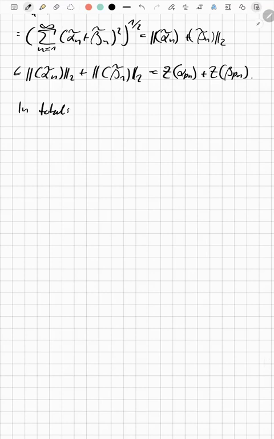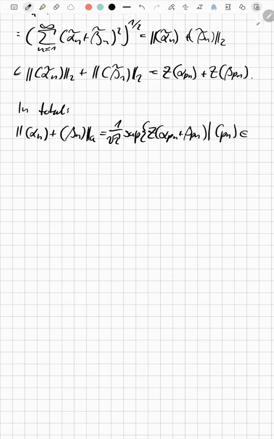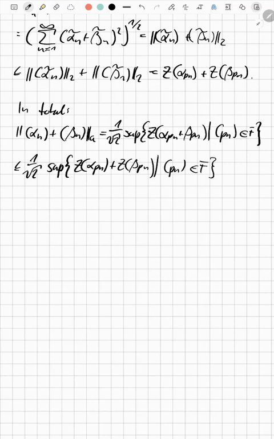So in total, we have that the norm of alpha n plus beta n in the A norm is the same as 1 over square root of 2 times the supremum of z of alpha Pn plus beta Pn, where Pn goes through F. This is less than or equal to 1 over square root of 2 of the supremum of z alpha Pn plus z beta Pn, where Pn goes through F. And this is then less than or equal to the norm of alpha n plus the norm of beta n. Nice. So we have the triangle inequality.